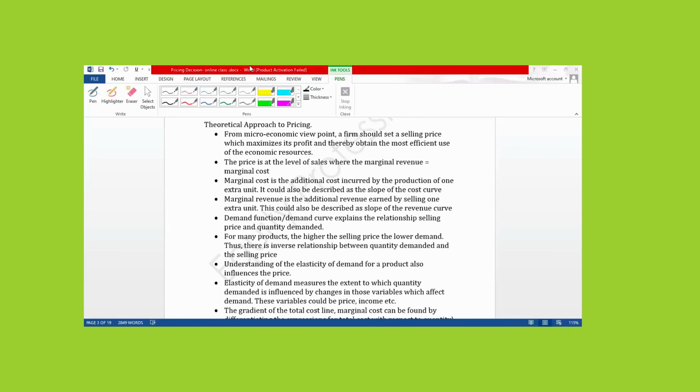For you to maximize profits, your price must be at a level of sales where marginal revenue equals marginal cost. That's all.